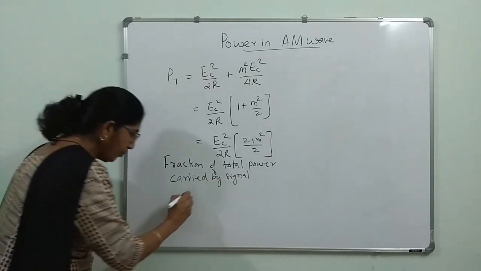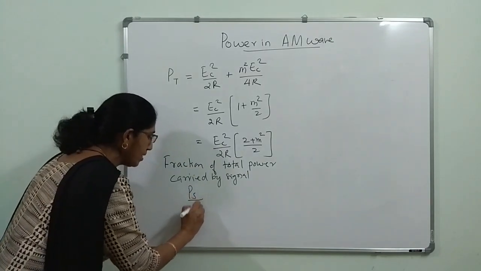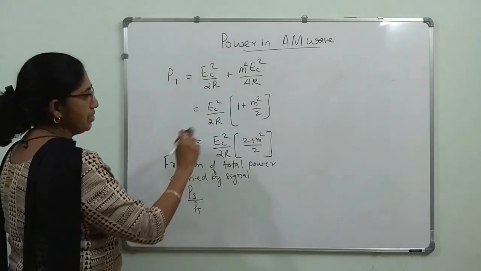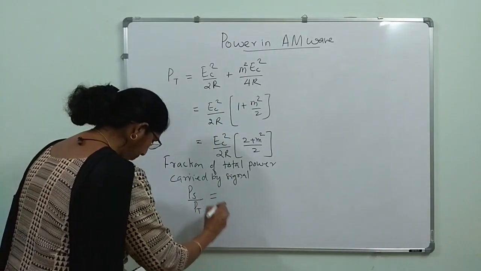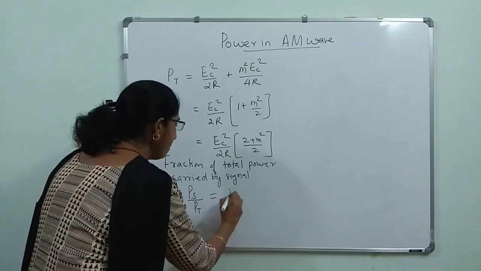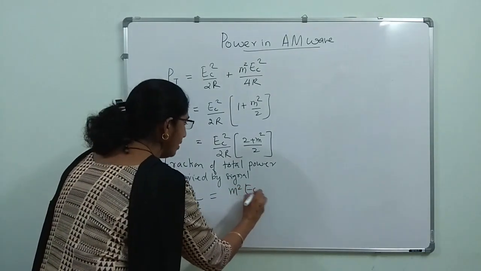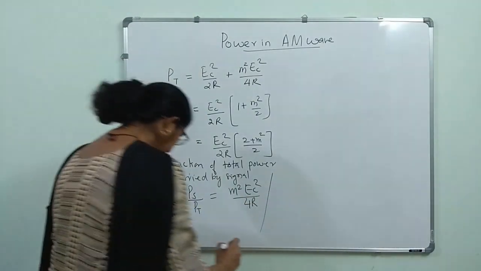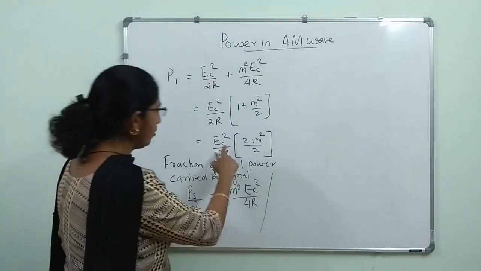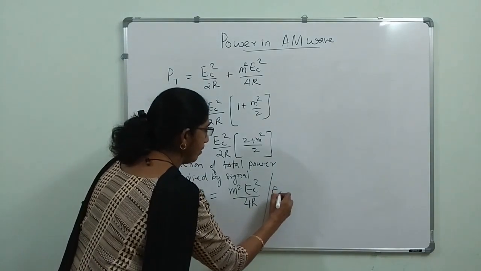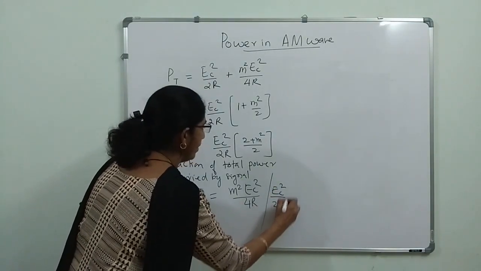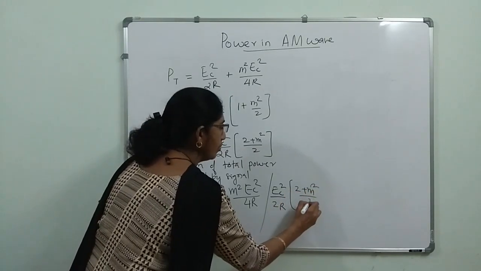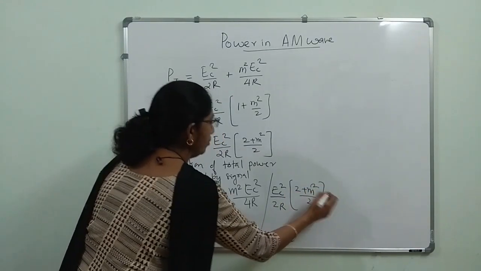You have to take the ratio PS by PT. So substitute for PS and PT. You will get it as equal to M square EC square by 4R divided by total power, EC square by 2R into 2 plus M square by 2.